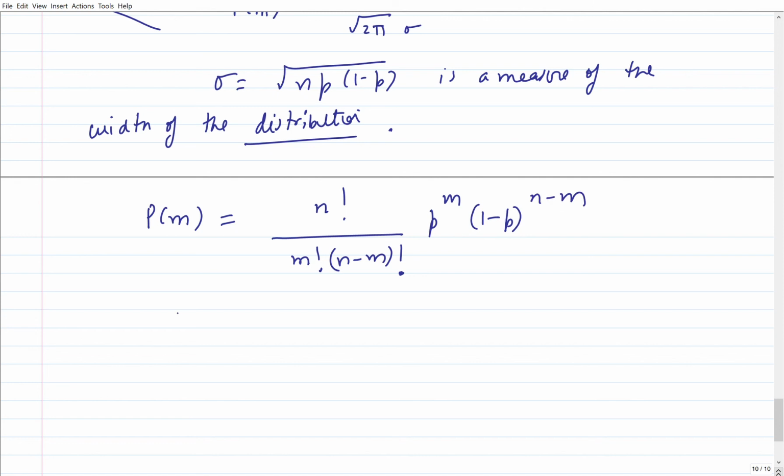The second limit of interest is when n is very large and the probability of success in each of those trials tends to 0, such that this number, a very large number times something very small, is some finite number, a.